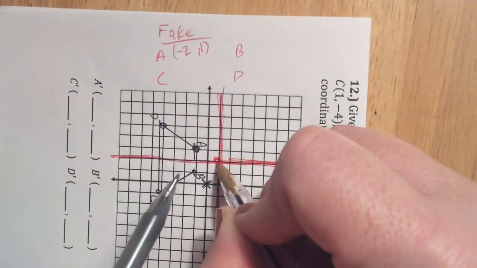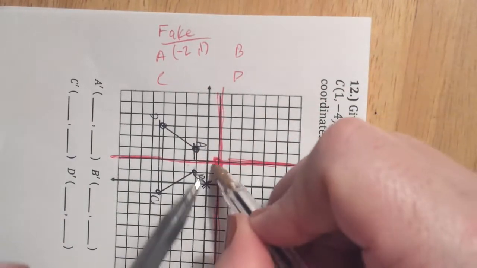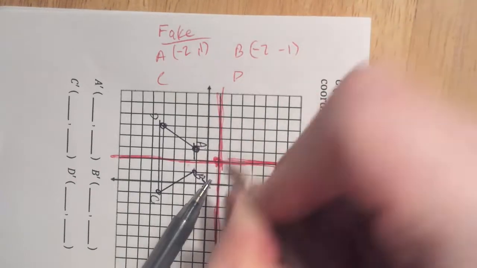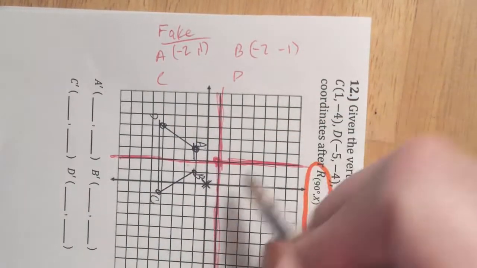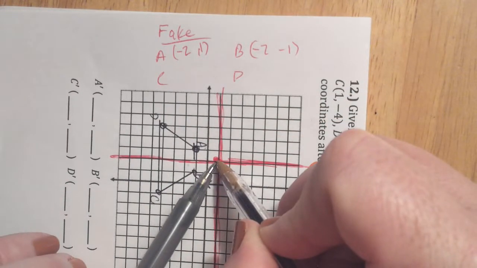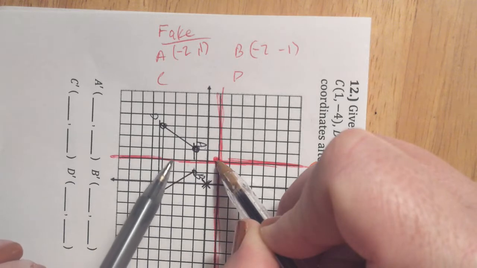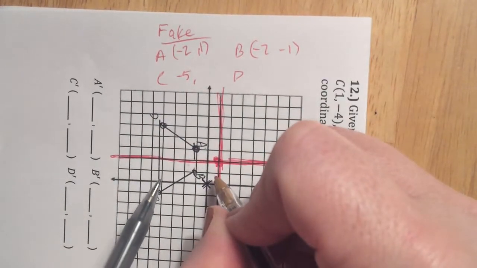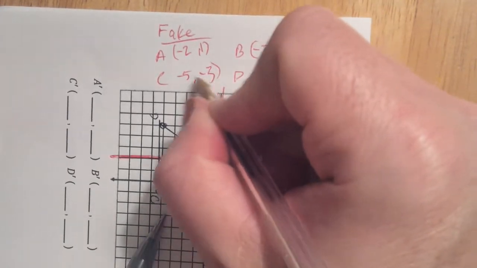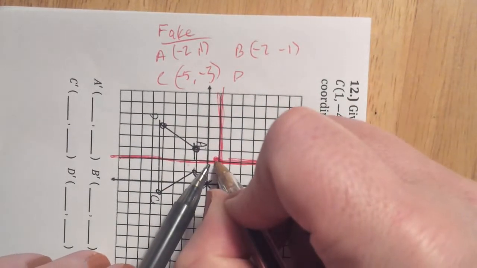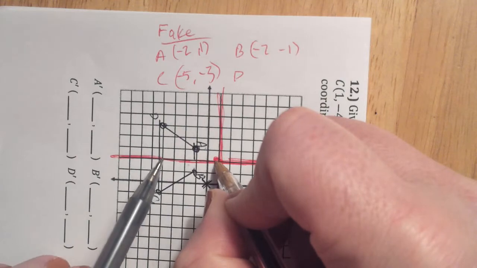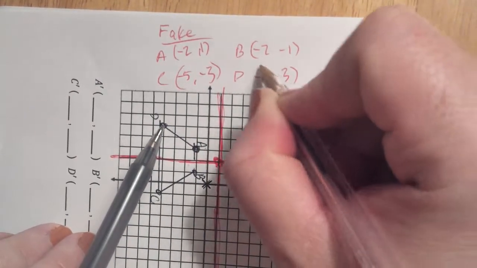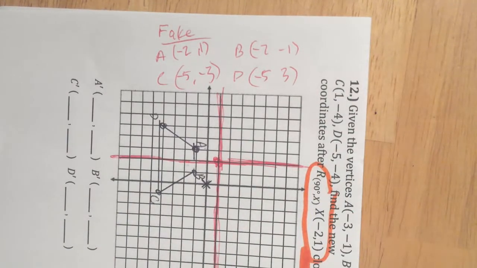Okay, your B. So make sure you're putting stuff in the right spot. Your B is negative 2, negative 1. It's very easy to get these in the wrong spots. C is at negative 5, comma, negative 3. And then D, negative 5, positive 3. So those are our fake coordinates.